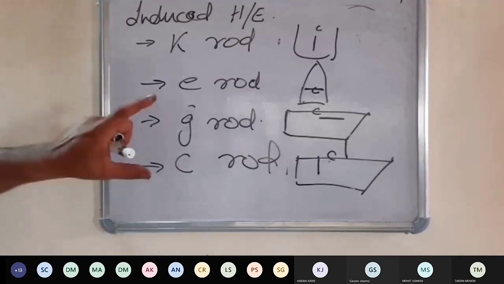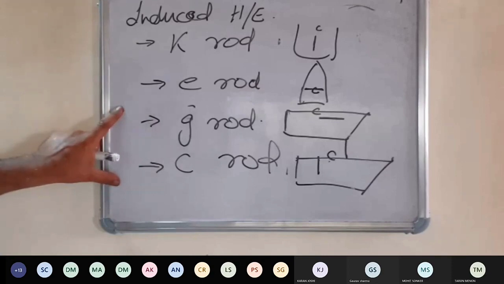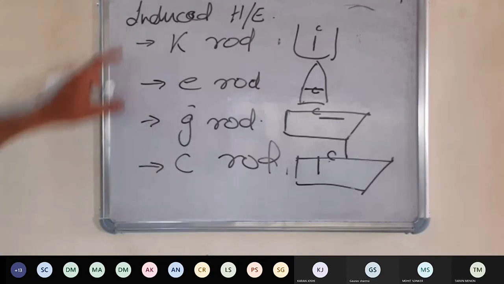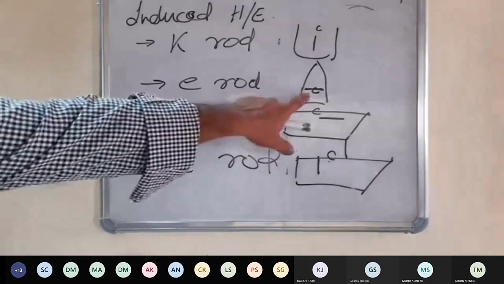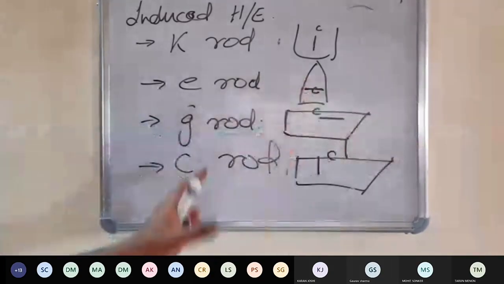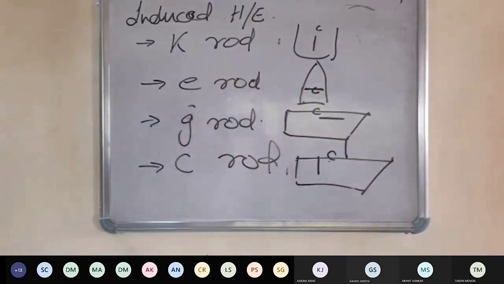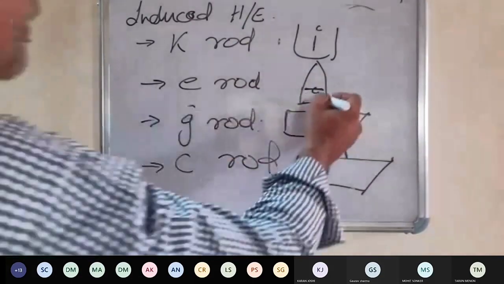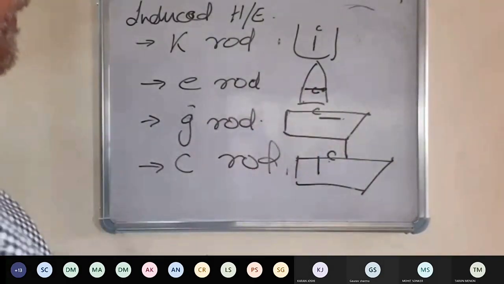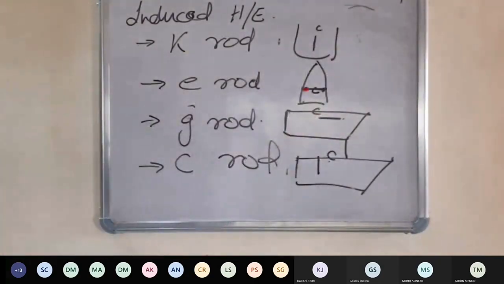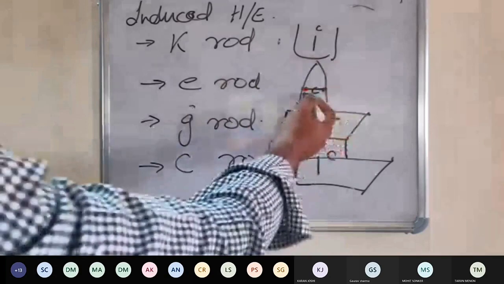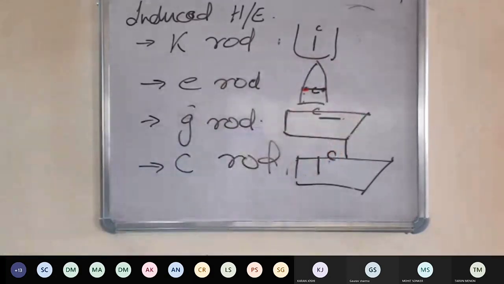G and C rod will have quite a small effect on this, but the major effect will be because of K rod and E rod. Since it is symmetrical, once it is shifting, it will go closer to one end of the rod here. If it is coming like this right now, of course, it won't be magnetized here, but going east-west, this will be magnetized.